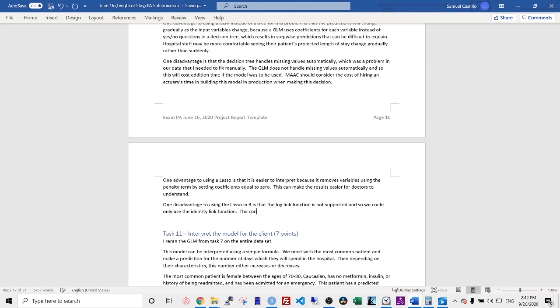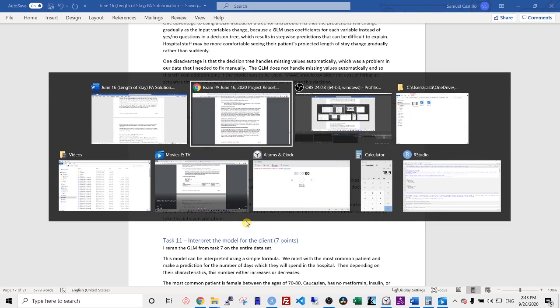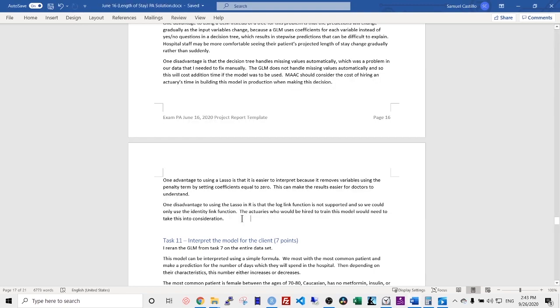So the actuaries who would be hired to train this model just would need to take this into consideration. That's it. So again, the common theme for these questions is always consider the business problem.